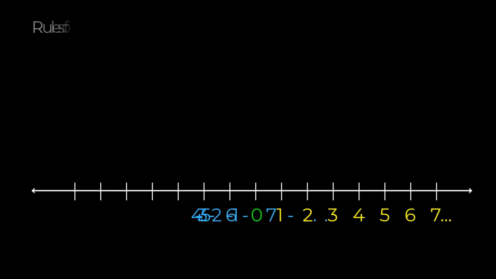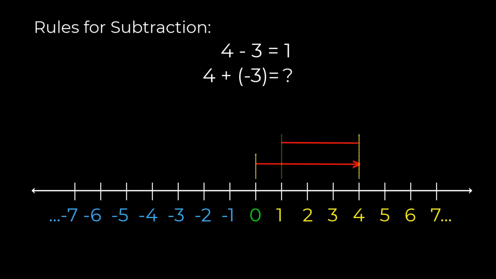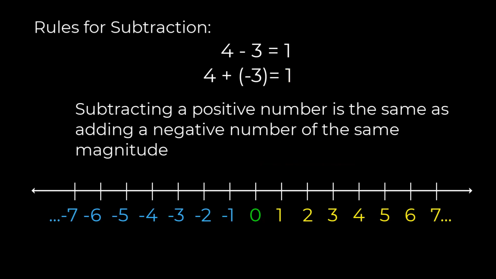Now let's talk about subtraction. You may have noticed a couple of things. 4 minus 3 gives us the same result as 4 plus negative 3. That is, subtracting a positive number is the same as adding a negative number of the same magnitude.